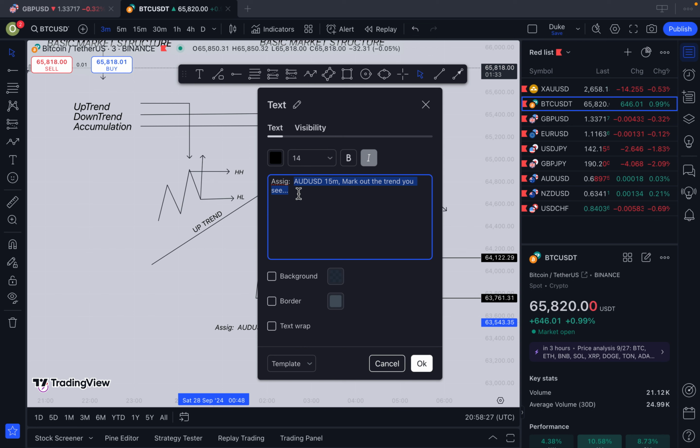Also, mark out what you see on USD JPY. Let's make it 2.